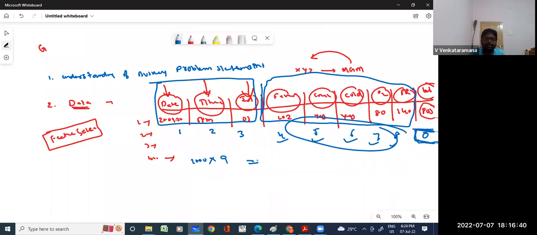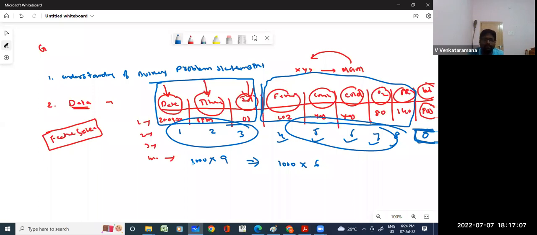Now this data is compressed to 1000 by 6 columns, because these 3 columns we are ignoring: date, time, and patient ID. They don't have any impact and are not appropriate for COVID diagnosis.